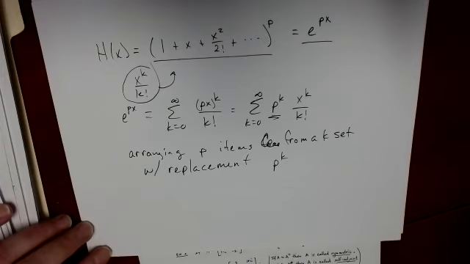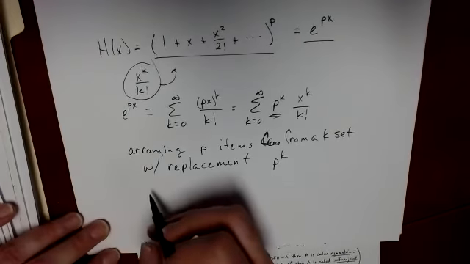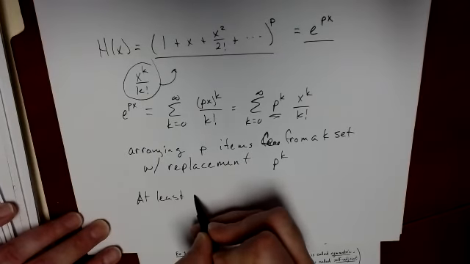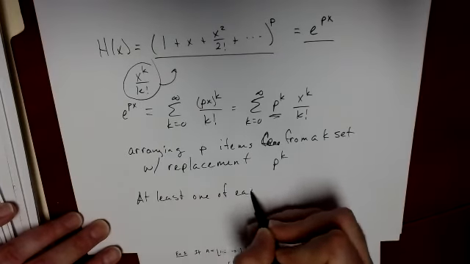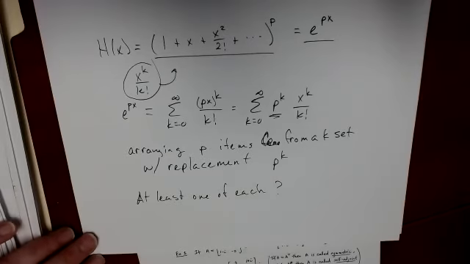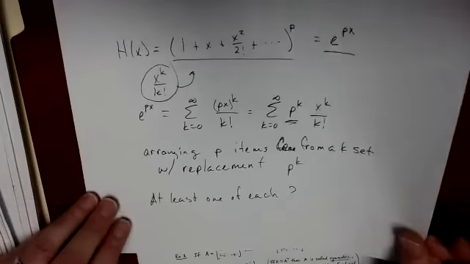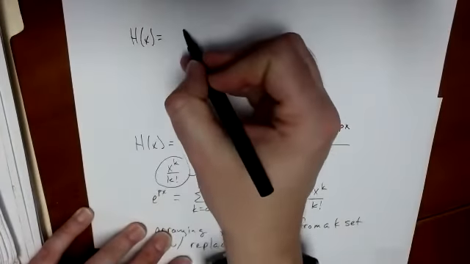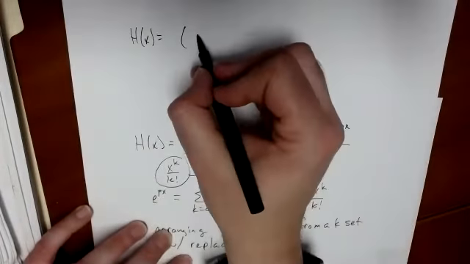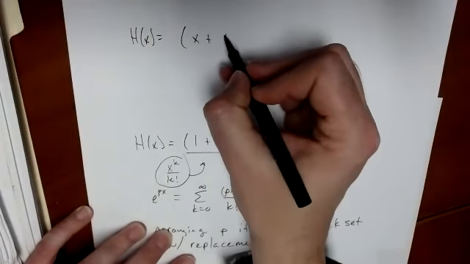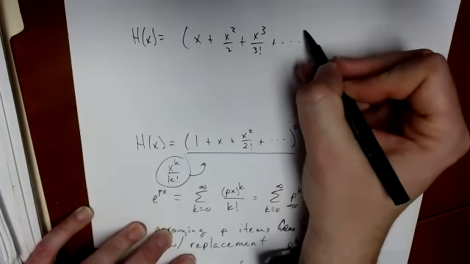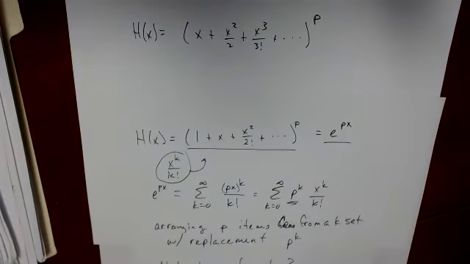What about example 341? What if we want at least one of each? Well, then that's no empties, right? So we have h of x equals, we can't choose 0 of anything, so that's x plus x squared over 2 plus x cubed over 3 factorial, and so on, all of that to the p.